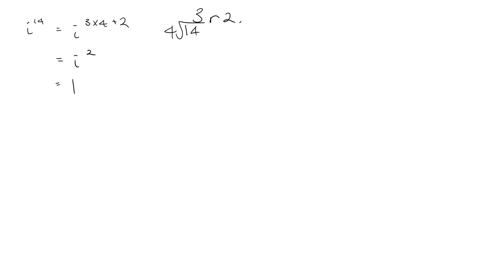Now, this 3 here means that we do 3 full rotations of the circular pattern of i. So let's say we had i squared, i cubed, and i to the 4. And the 3 is saying that we do 3 full rotations of the circle, and we always start at i to the 4, because that is equal to 1, and 1 is our starting point. So let's do it.